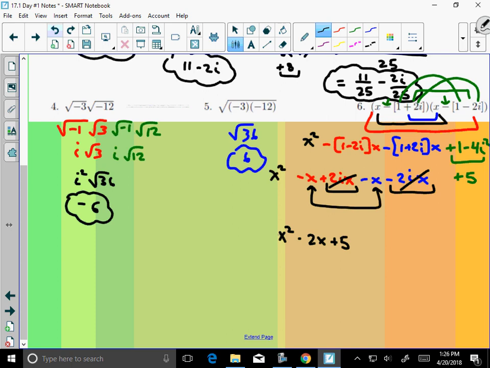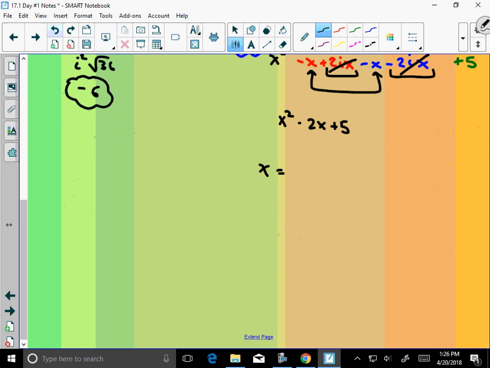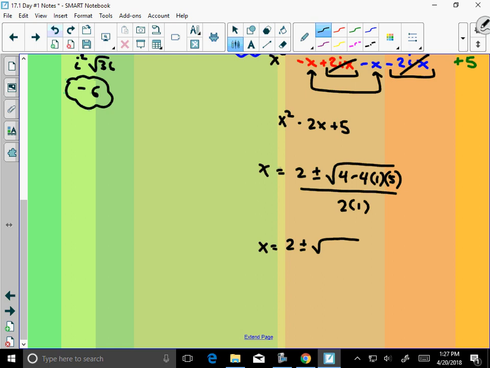Oh, what the heck? If I would have done the quadratic formula, what would I have ended up with? x equals negative b plus or minus the square root of b squared minus 4ac, all over 2a. Let's see what it comes out to be. x equals 2 plus or minus the square root of what?